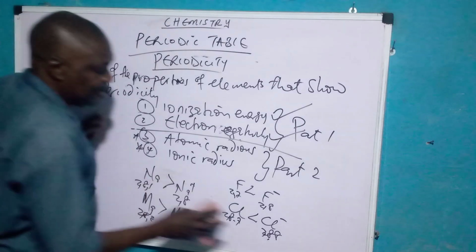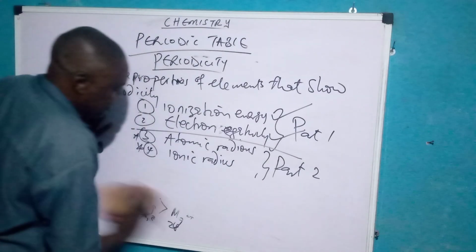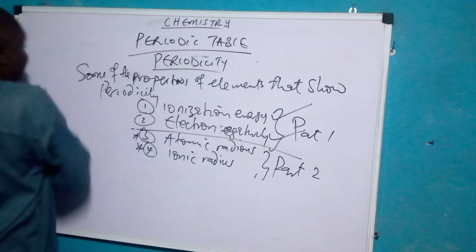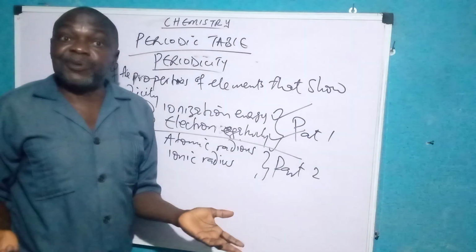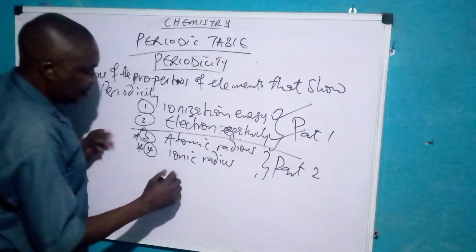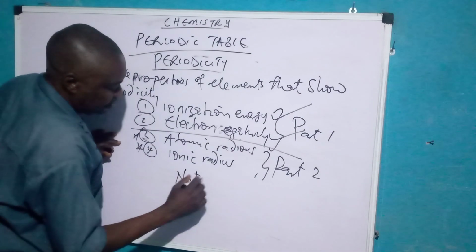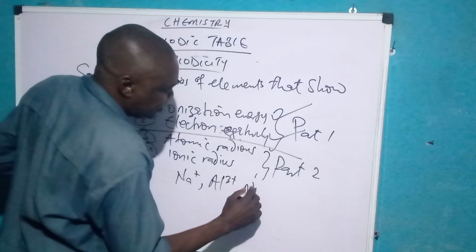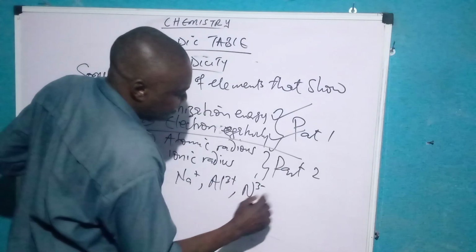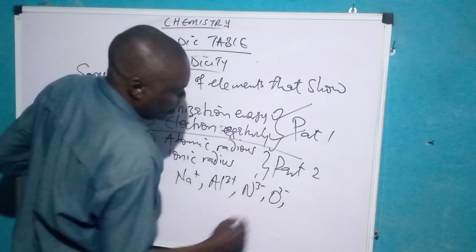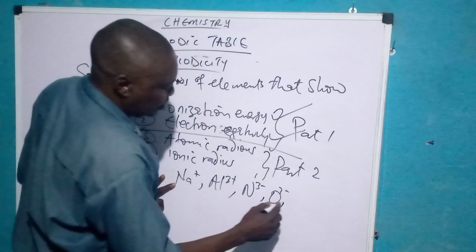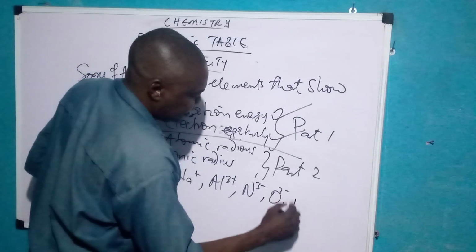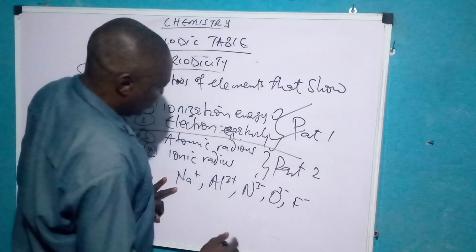Then the last part of it, what if we have different ions? For example, we have sodium, aluminium, nitrogen, oxygen, fluorine, and magnesium.